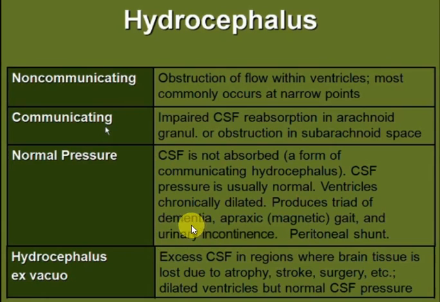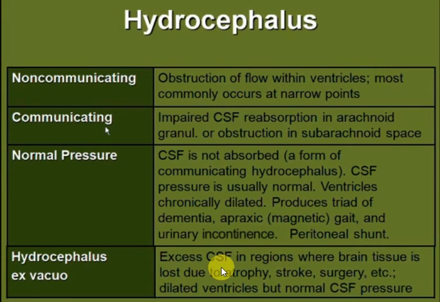So three major characteristic signs and symptoms are dementia, apraxic gait, because they shuffle their feet on the floor as if their feet are stuck to the ground and cannot raise their feet as well as other normal people can, and urinary incontinence. The last one is hydrocephalus ex vacuo.